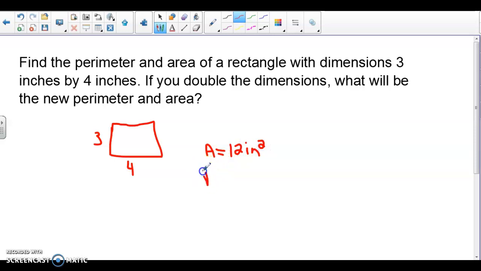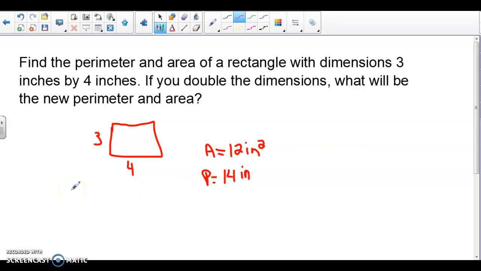If I want the perimeter, I add up all the sides. Remember that if this side's 4, then this side's 4. So 4 plus 4 is 8, 8 plus 3 is 11, 11 plus 3 is 14. So the area is 12 inches squared, and the perimeter is 14 inches of the original.